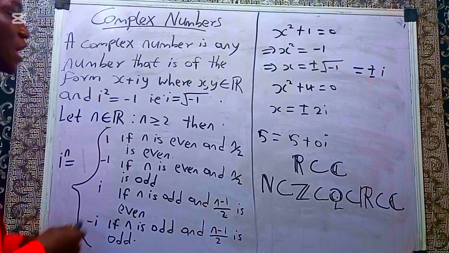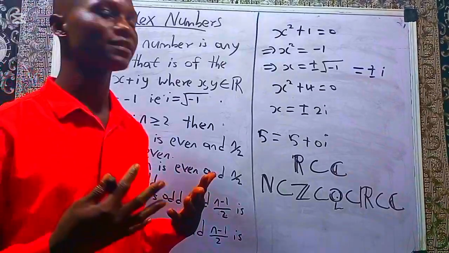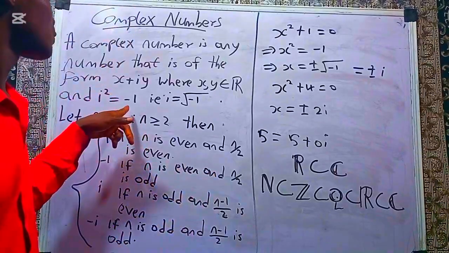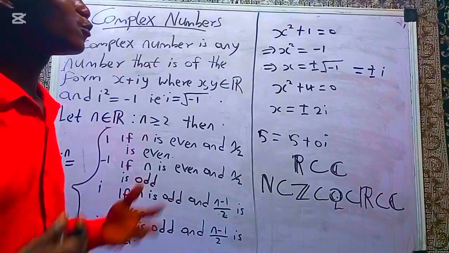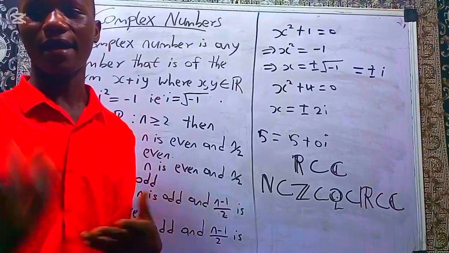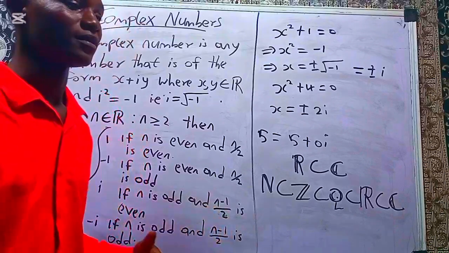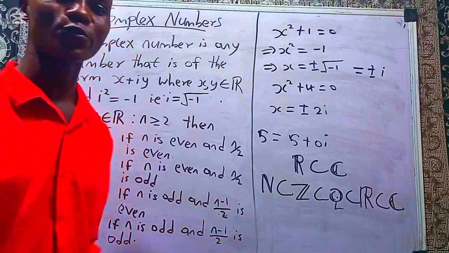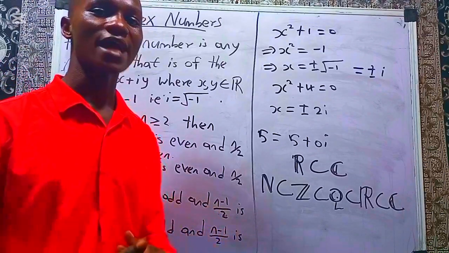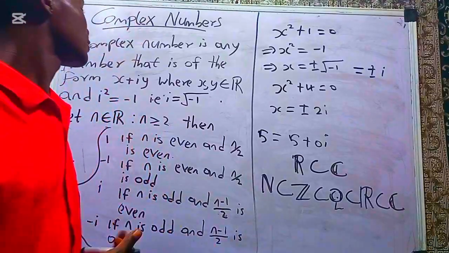Now, having known that i raised to power 2 is minus 1, how do we get other powers of i? Like I want to get i raised to power 20, i raised to power 200, i raised to power 400. How do I get it?